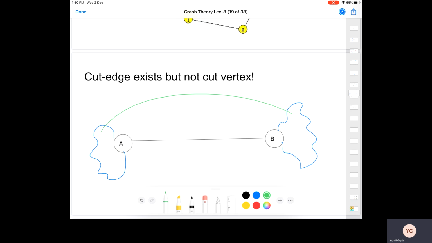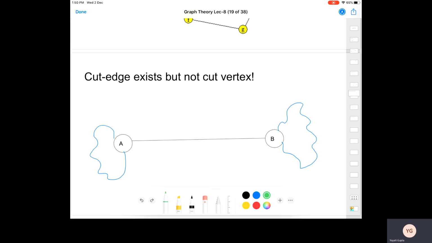The graph will not become disconnected if we remove AB. So there is no link between these otherwise disconnected portions. This edge AB is responsible for connecting these two. If you delete AB, the graph becomes disconnected, right?